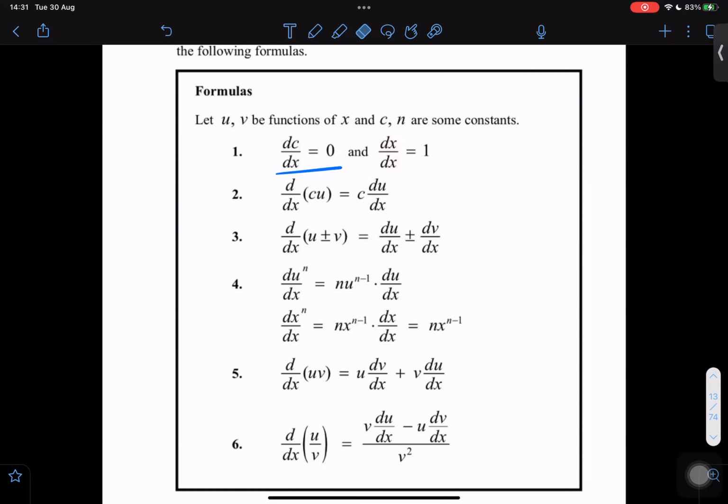The derivative of x itself is 1. It can change the variable, so it becomes dt by dt, which is also 1, right?